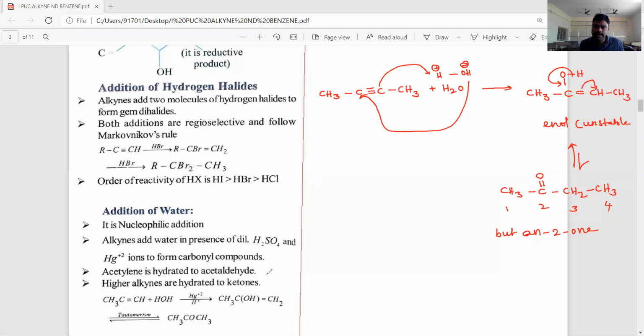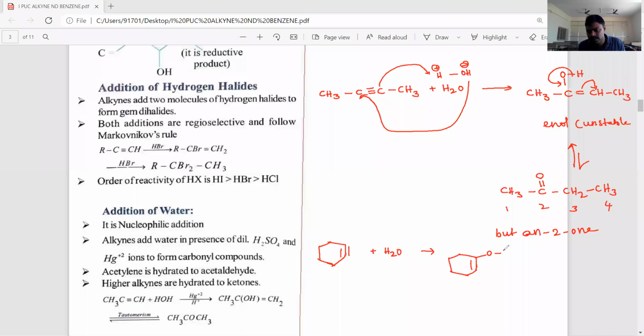In the same way, if you take any cyclic alkyne, for example cyclohexyne, you add water to this molecule and produce an intermediate product, the enol.